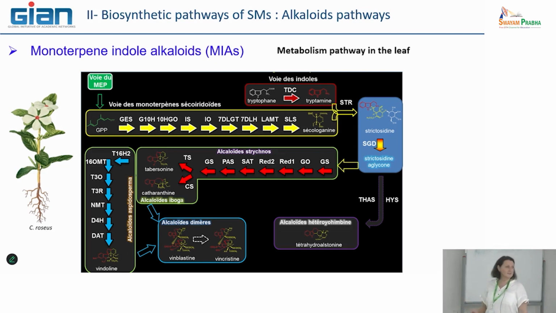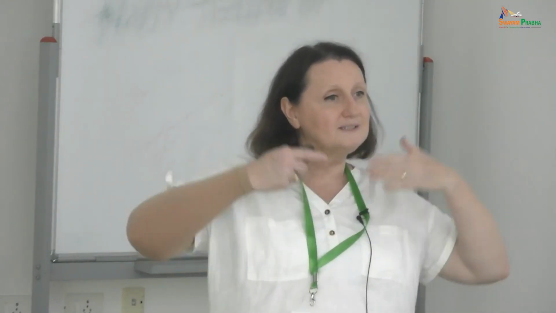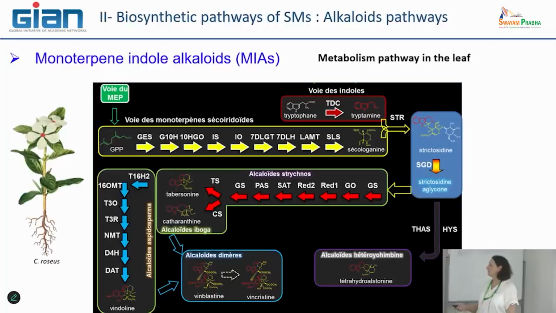You see there are a lot of steps, not only one or two, at least here 10 genes, here just one. It took about 20 to 25 years to discover all of the genes. Because at this moment, I will show how we could find genes just one by one. So it was difficult to identify.